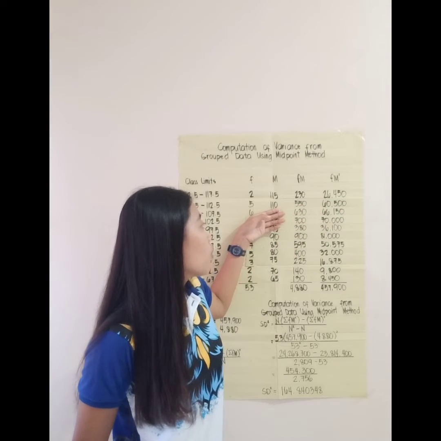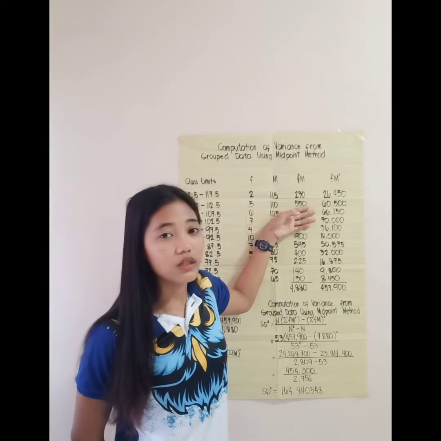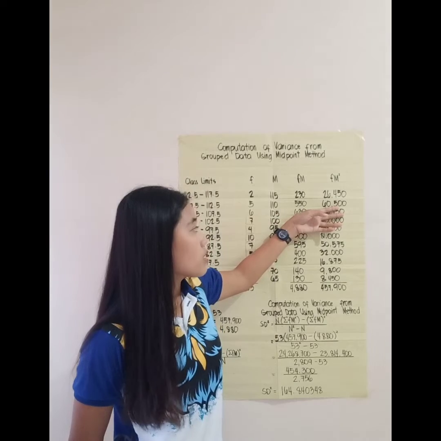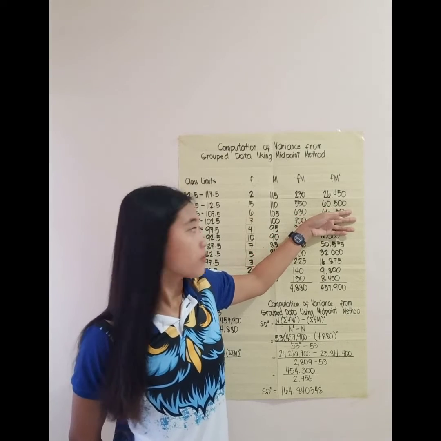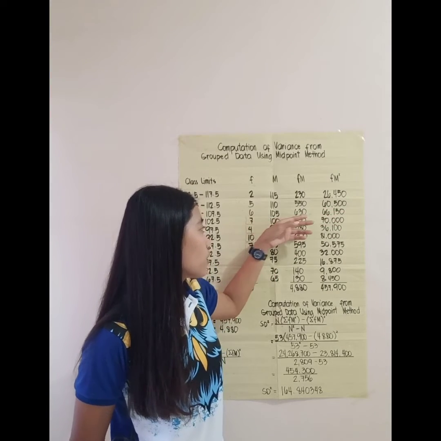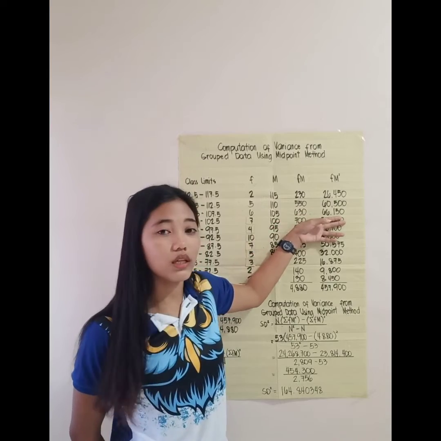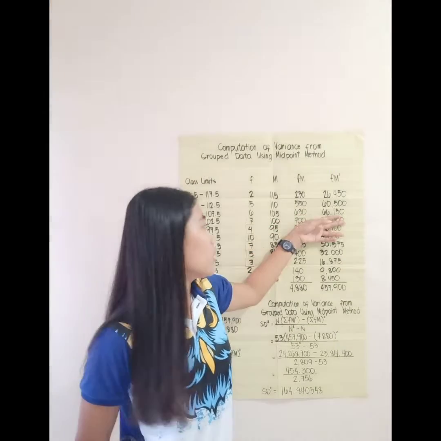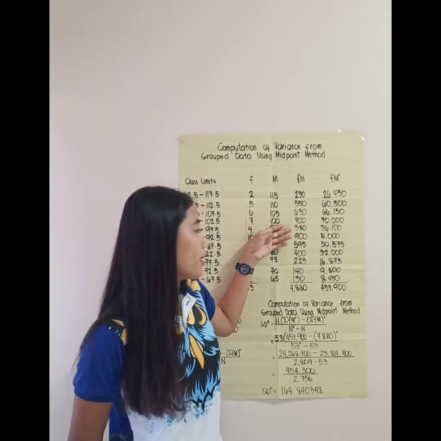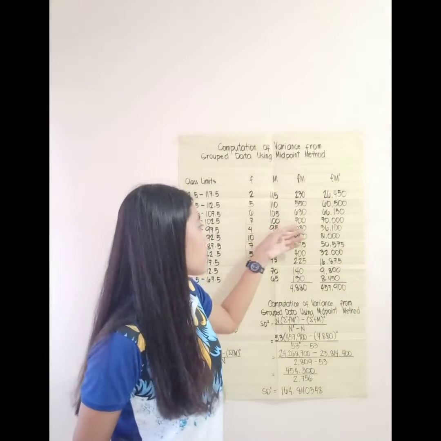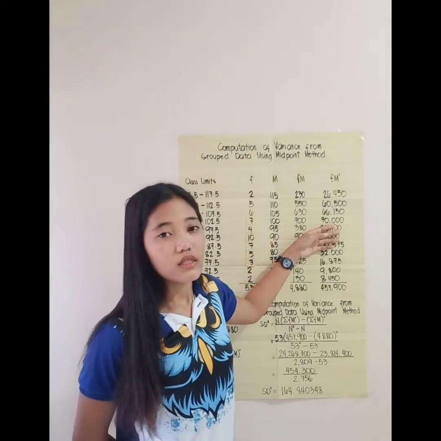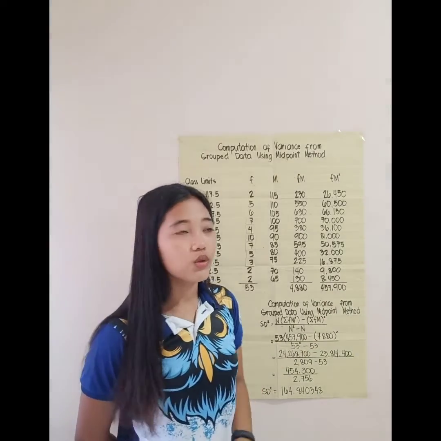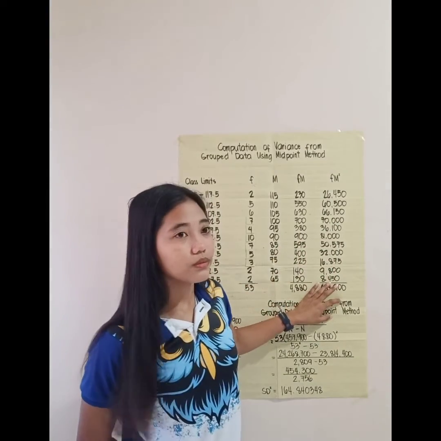Next, 110 times 550 is equal to 60,500. Next, 105 times 630, the result is 66,150. Next, 100 times 700, the result is 70,000. And so on and so forth.